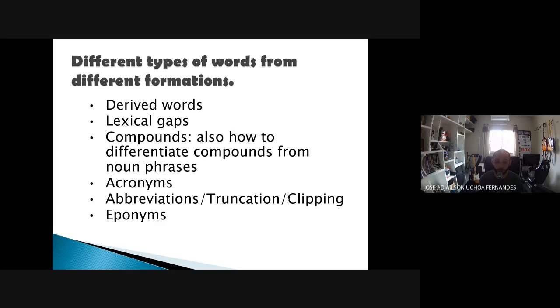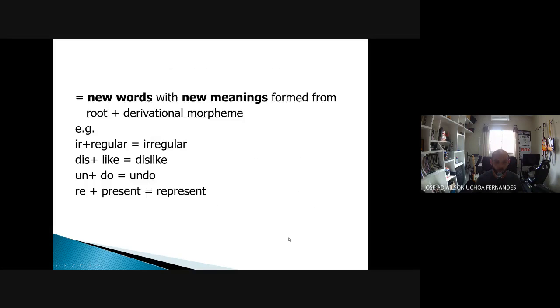And the blends, of course, okay? These are the 1, 2, 3, 4, 5, 6, 7 processes that we can use, or not that we can use because it's not something that we manipulate all the time, but that consist on how English words can be formed.